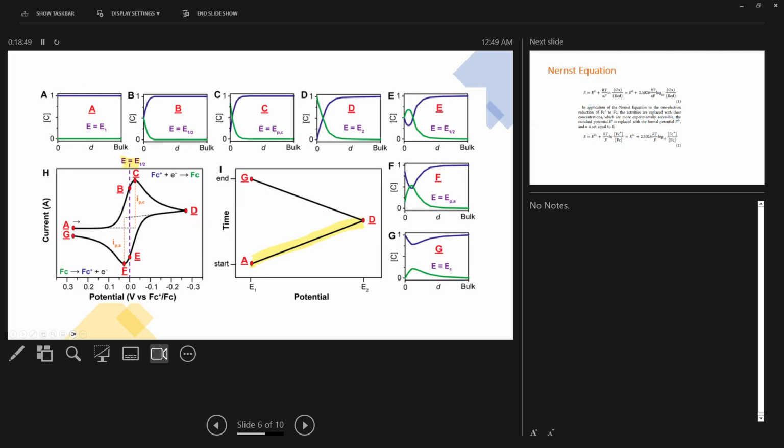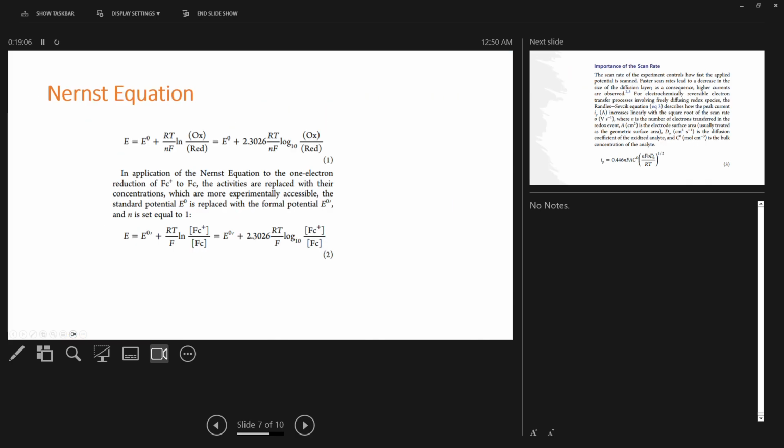What is the formal standard potential? This shows the formal potential, represented by E1/2, and this shows the anodic potential. The formal potential is common for anode and cathode.